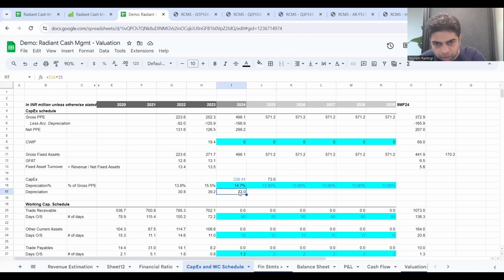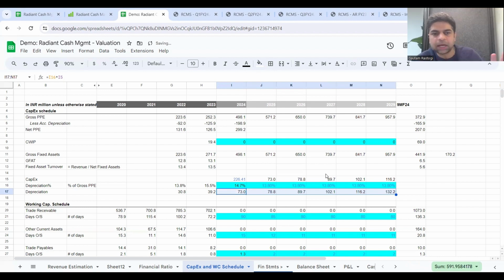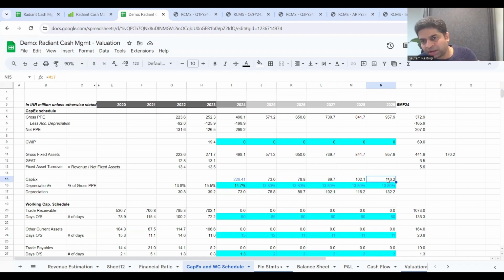Sorry, first let me drag depreciation. अपने आप capex हो गया, क्योंकि मैंने already slot कर दिया था. So if you see, capex in 2029 is equal to the depreciation that was done in the previous year. So my PPE using this assumption has been modeled.